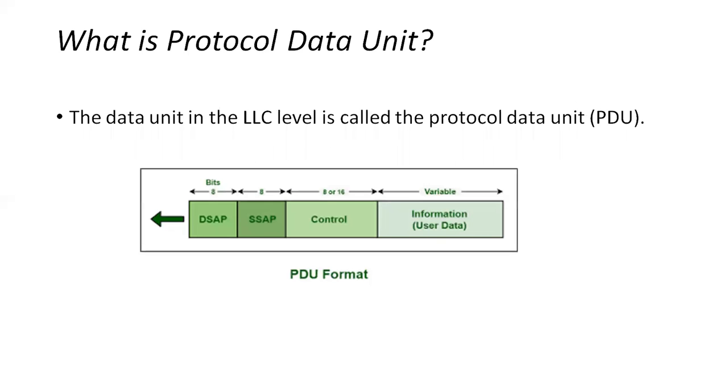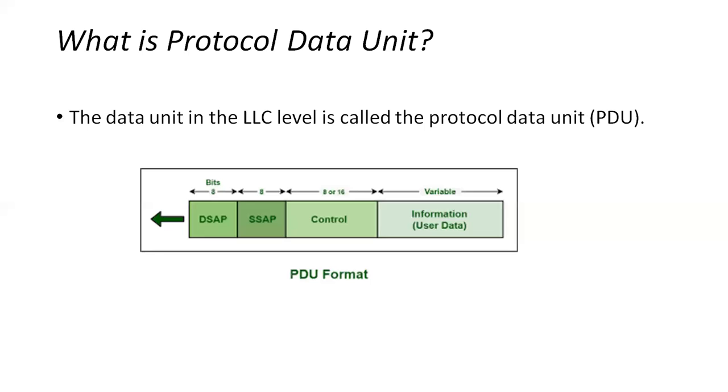What is Protocol Data Unit? The data unit in the LLC, logical link control, level is called Protocol Data Unit. The Protocol Data Unit contains four fields: a Destination Service Access Point, DSAP, a Source Service Access Point, SSAP, a control field, and an information field.